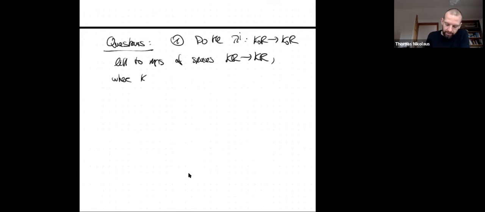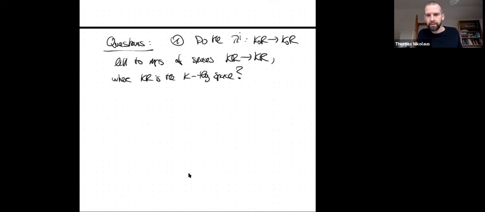I'm not saying spectrum here because they will not be additive maps. So there's no way these are going to be maps of spectra, but they could be maps of spaces. And of course, I'll comment on that later, but the answer to this question is of course yes. And this is classically known by work of Quillen, Grayson, Hiller, Kratzer, and others.